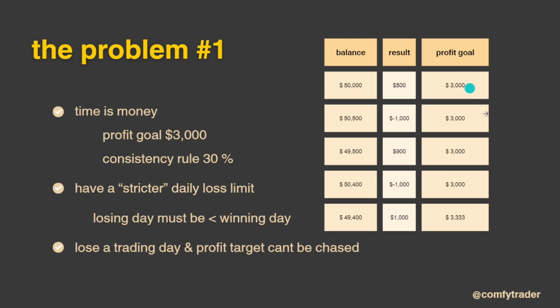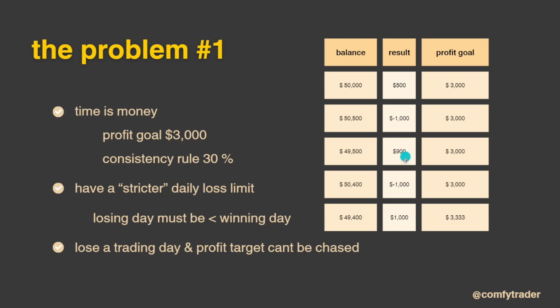The first one: if you look here at the results and the change in the balance, you can see a small winning day, the profit goal stays the same, and then in the first scenario we have a big losing day, and now on the next day we can't recoup the losses from the previous day, because according to the rules and calculated like on the sheet before, our maximum profit shouldn't be higher than $900.